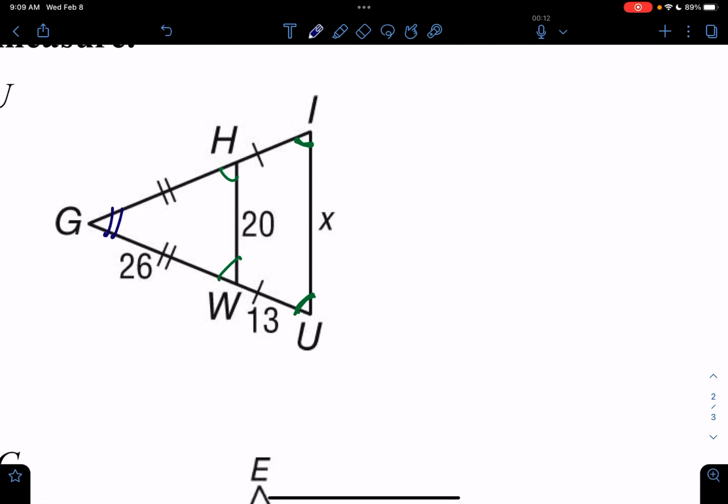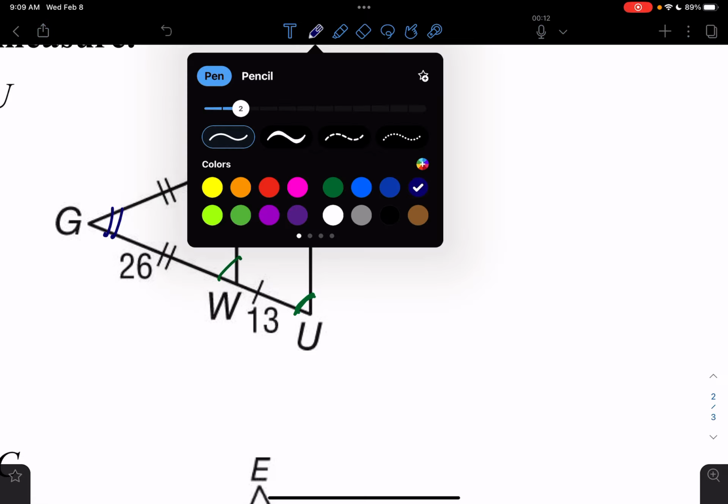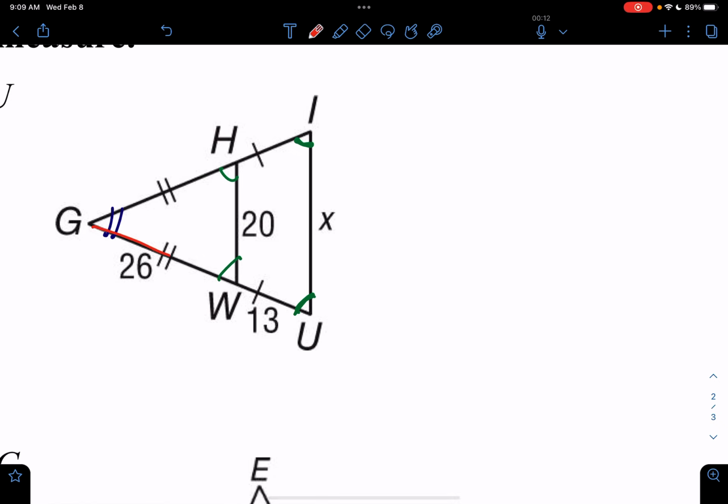I will say that the long side of the big triangle is this big, and that will be a 26 plus a 13. So that will be 39 is the big, while the short side is just 26. See?